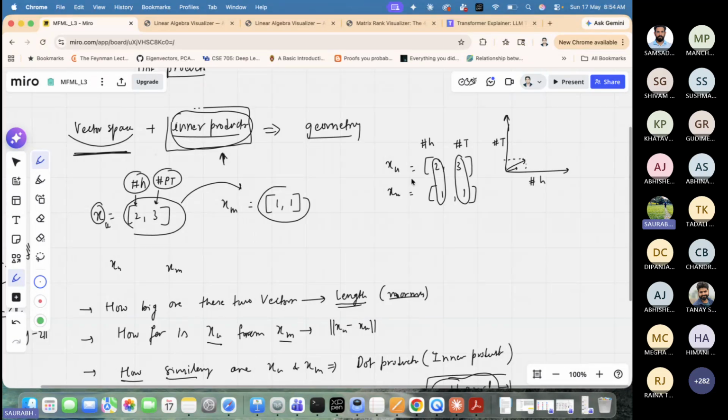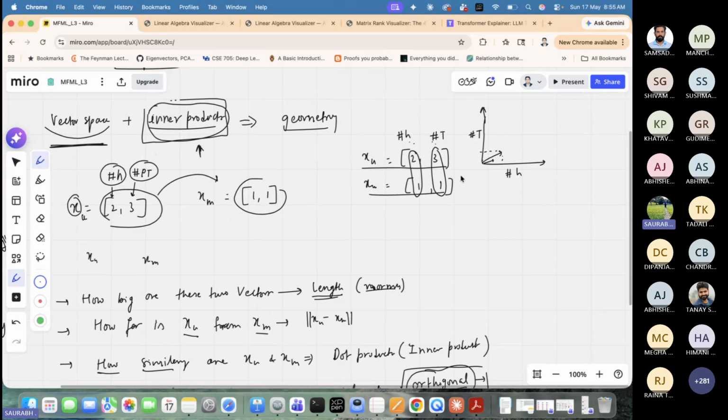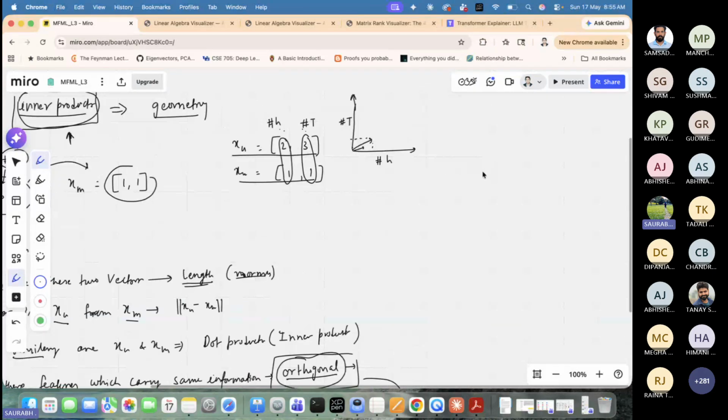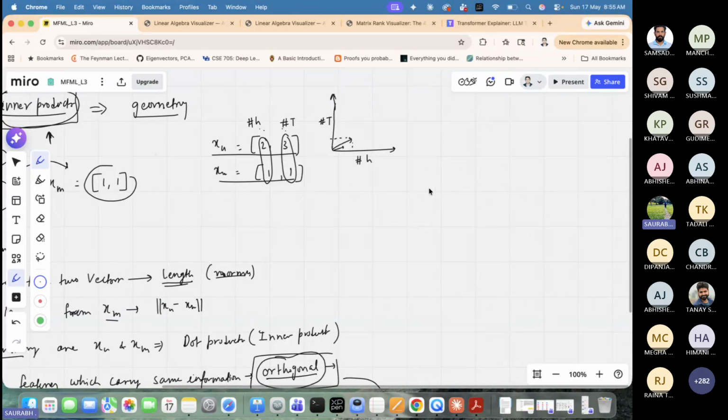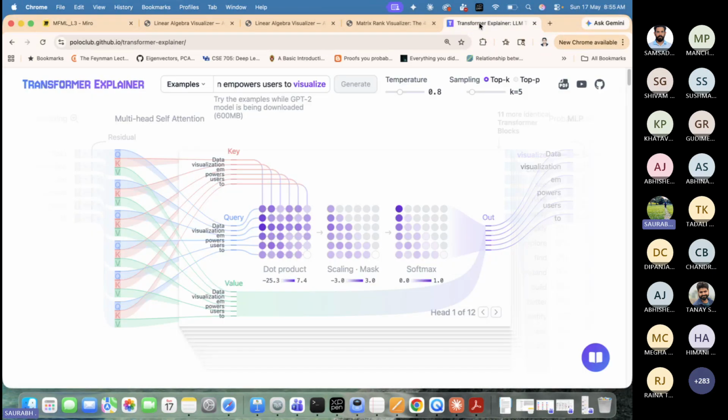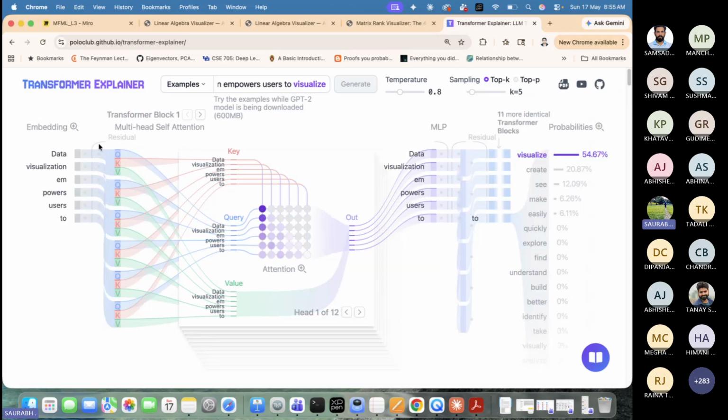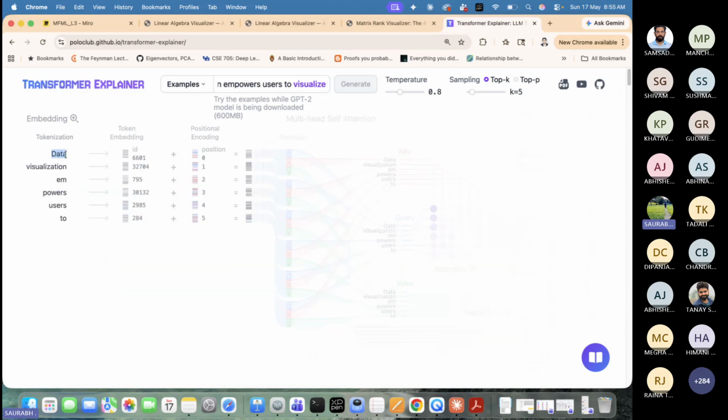The answer to that is, right now we are discussing only two different features. Think of when we work upon any vector. Data has been decomposed into a token embedding which contains a 768-dimensional representation.